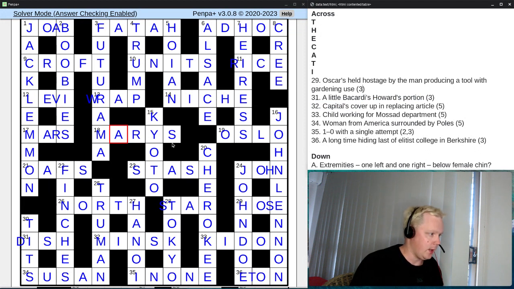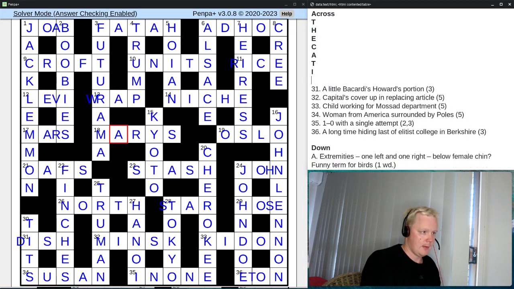Then we need, that was this S here. Now this S, 29, would be the second letter. So the second letter from behind is this S. So S. Then we need this D for 31.